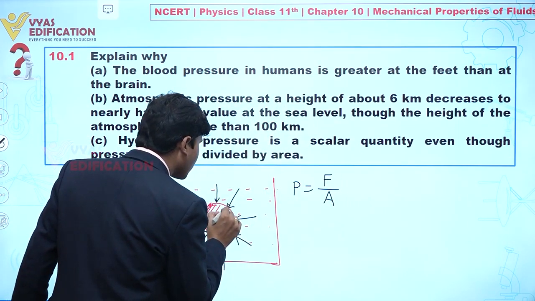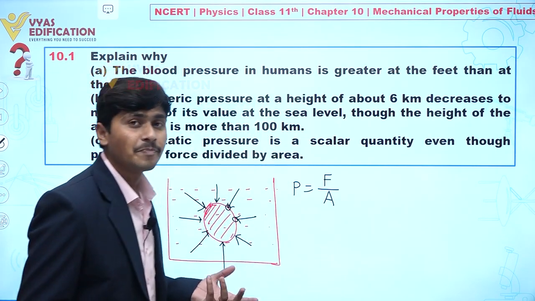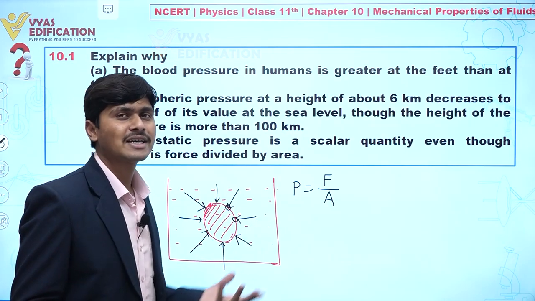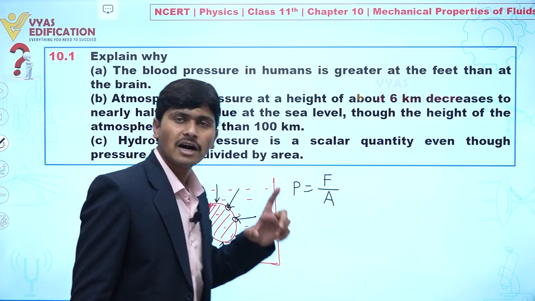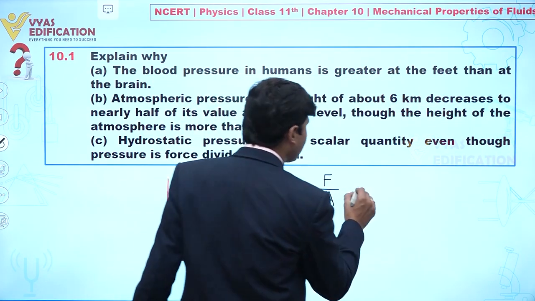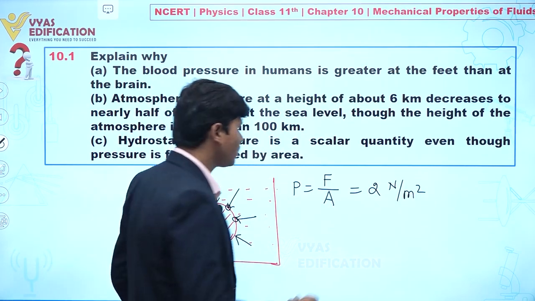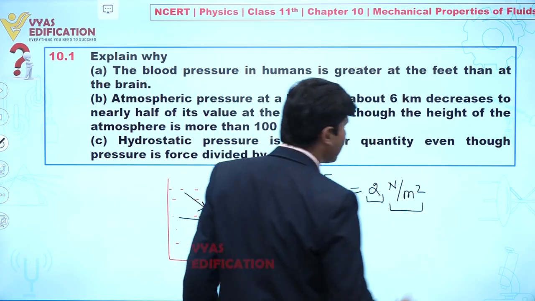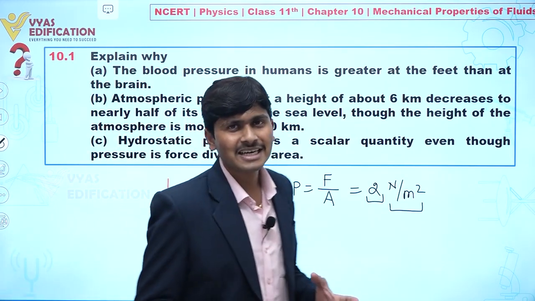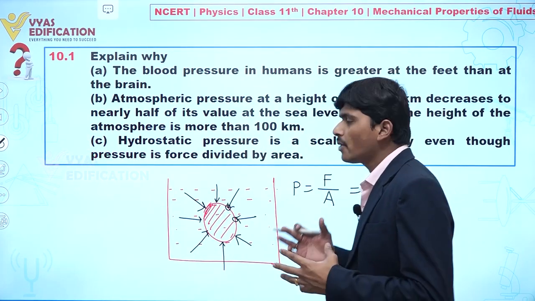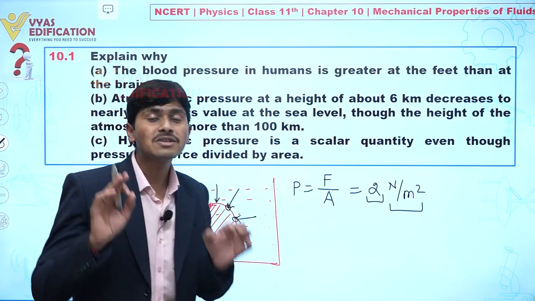Force is a vector quantity, so it might seem that pressure should be a vector quantity, but it is not. Why? Pressure has a magnitude, for example 2 newton per meter square, and it has a unit. But what about direction? Hydrostatic pressure does not have any specified direction.